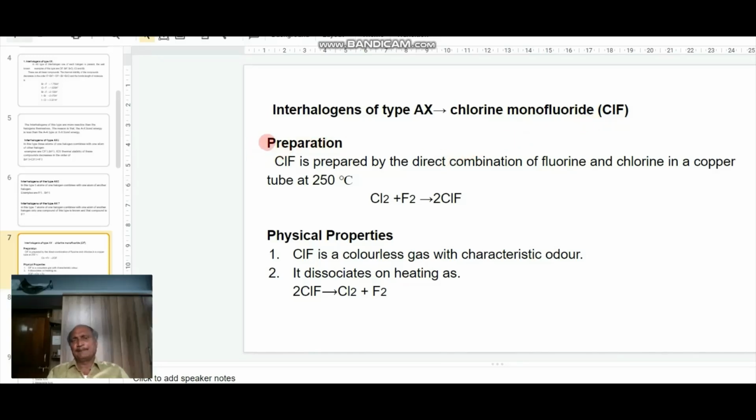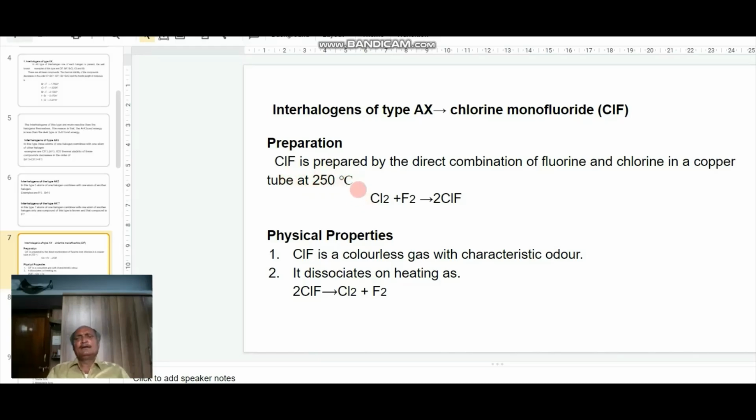Coming to the preparation. Chlorine monofluoride is prepared by the direct combination of fluorine and chlorine in a copper tube at 250 degrees centigrade.